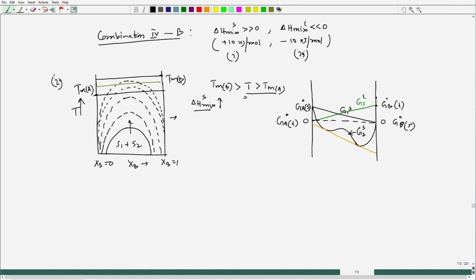So, we see two compositions, which are X B of S2 and X B of S1. They will still be there. Okay. So, these are the two points. But in the meantime, if I see the liquid solution line, that also would have its existence. Okay. So, that existence can actually start from here. So, you can have a situation like this.